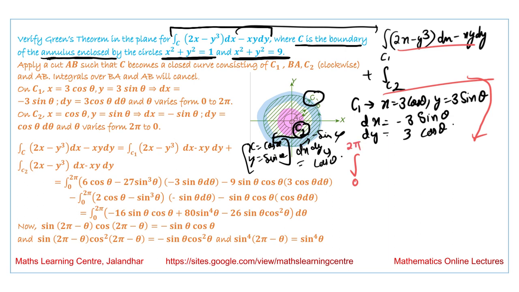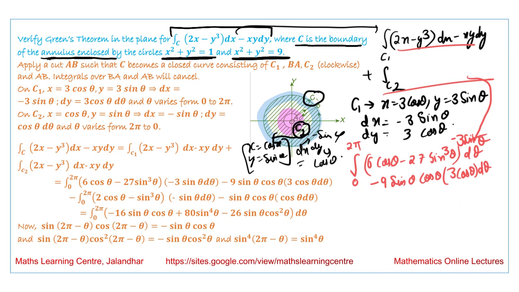In the first case we are getting the integral of 6 cos theta minus 27 sin cubed theta, times dx, so in place of dx we have minus 3 sin theta d theta, then minus 9 sin theta cos theta into 3 cos theta d theta.